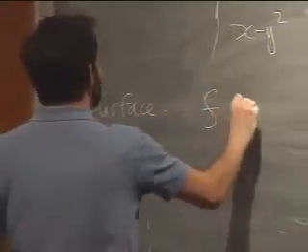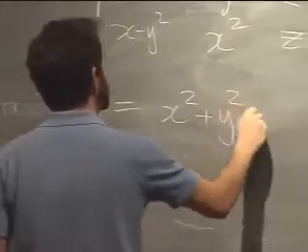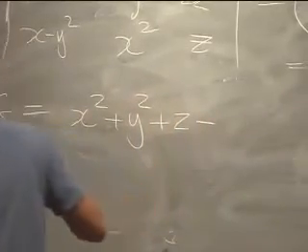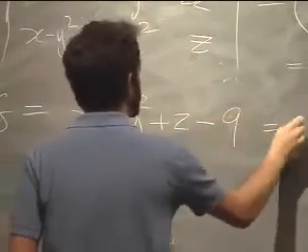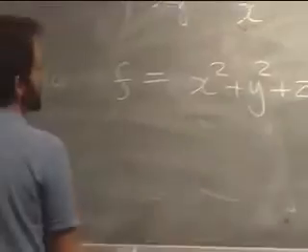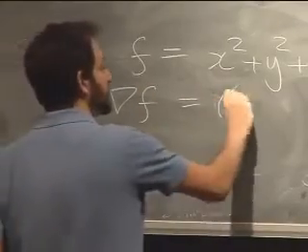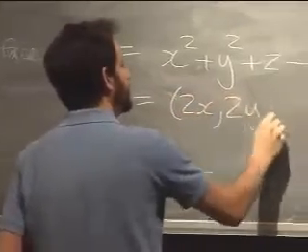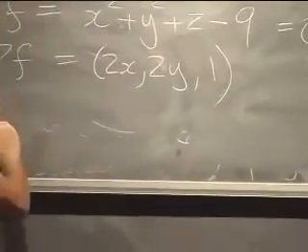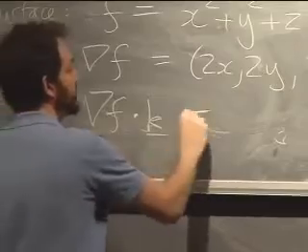We'll say f is equal to x squared plus y squared plus z minus 9 equals 0. Or you can leave the 9 on the other side. It doesn't affect anything because all you care about is the gradient. The gradient is 2x, 2y, 1, and the gradient in the k direction, in the z direction, is just 1.